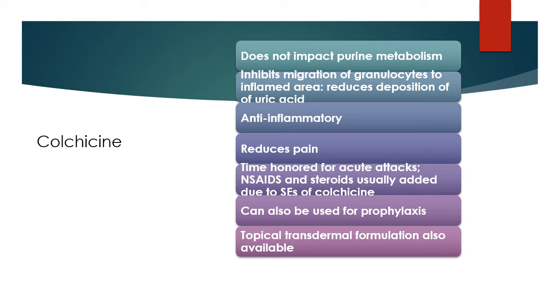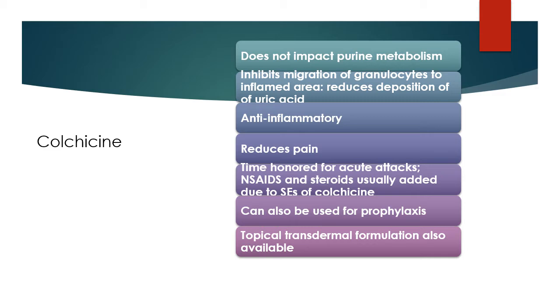Colchicine does not actually impact purine metabolism, but it can inhibit the migration of granulocytes to the inflamed area, so it reduces deposition of uric acid. So it has anti-inflammatory effects, it can reduce pain, and it's the time-honored one used for acute attacks.